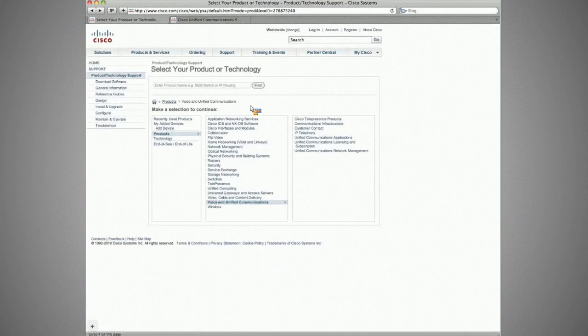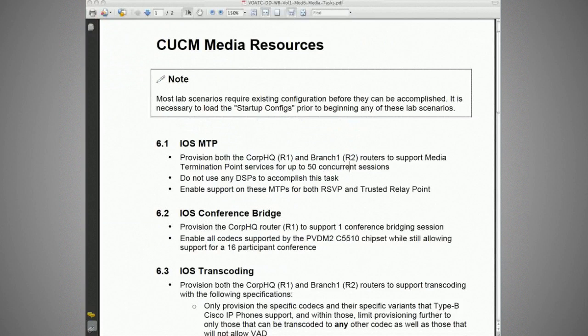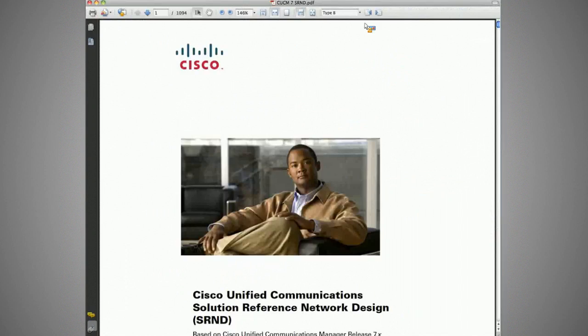Okay, so here's the link that we have on the desktop by default. Now, actually, if we're looking at the SRND, that is actually a PDF on your desktop. So I probably will go back to the PDFs simply because all the other documentation, administration guide, system guide, features and services guide, where we could find some good information, is certainly there for you to search and navigate to, I should better say.